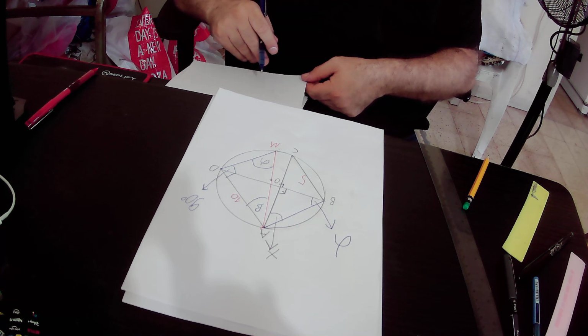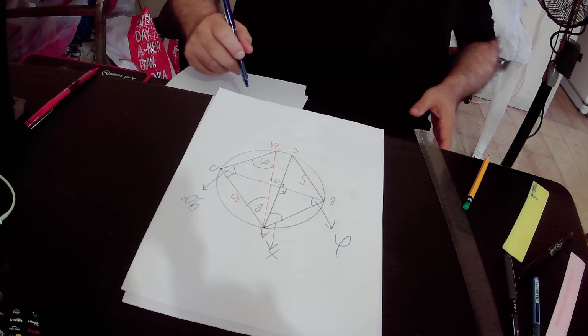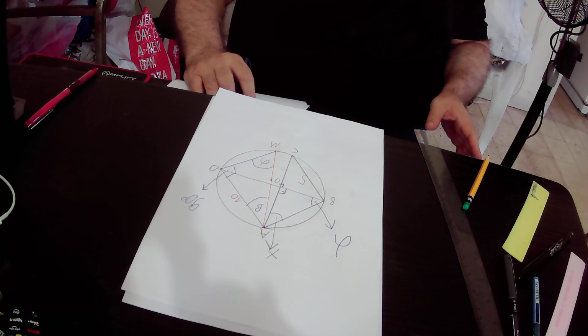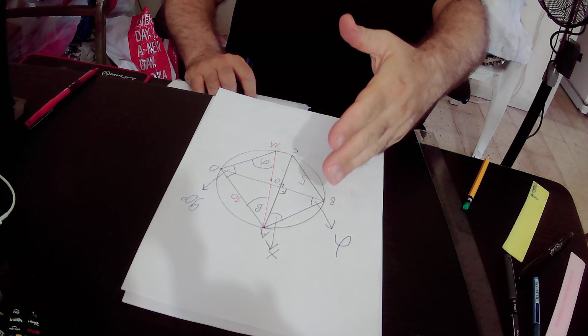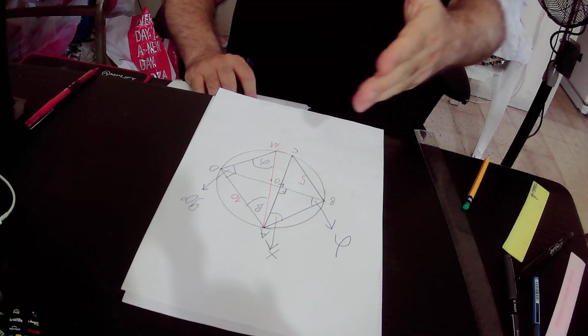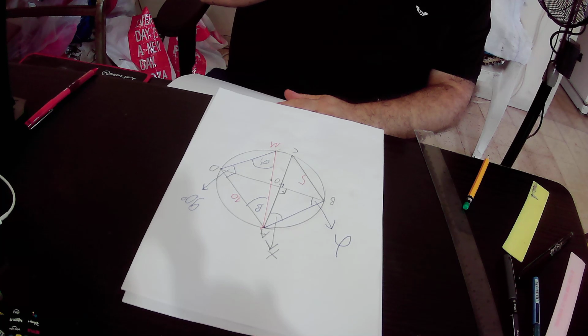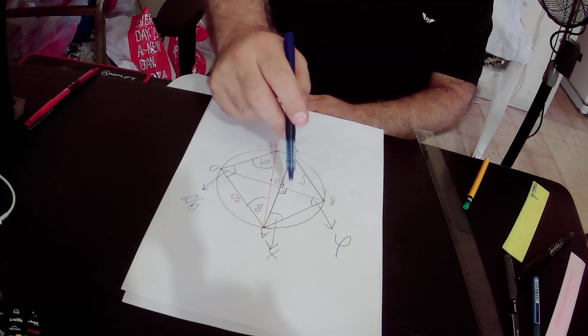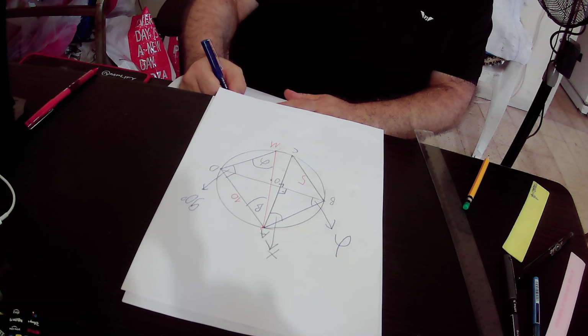We also know that the sum of the angles in any triangle equals 180 degrees, and especially it is true about the right triangle ABL. The sum of its angles equals 180 degrees. So we can write down that alpha plus x plus 90 degrees equals 180 degrees. That will be our second equation.